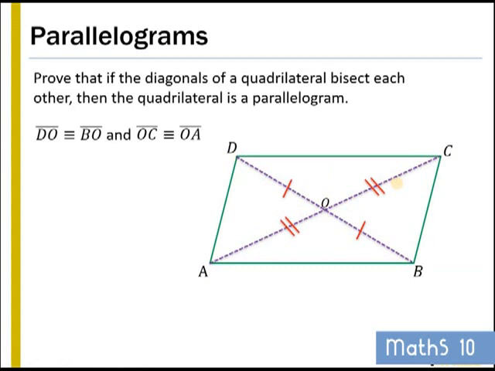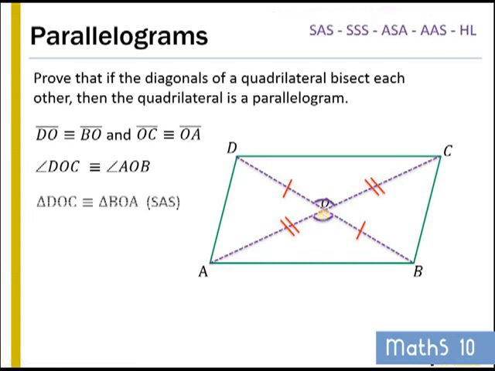So DO equals BO and OC equals OA. We also know that angle DOC here equals angle AOB here because they are vertically opposite. So therefore, triangle DOC here must be congruent to triangle BOA here by side, angle, side.